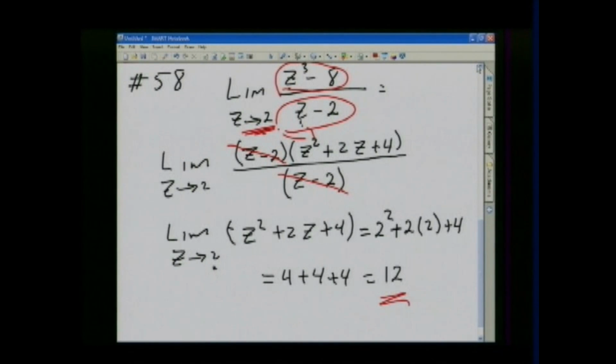Let's go to another problem, an application problem. This is an interesting problem. Number 82.